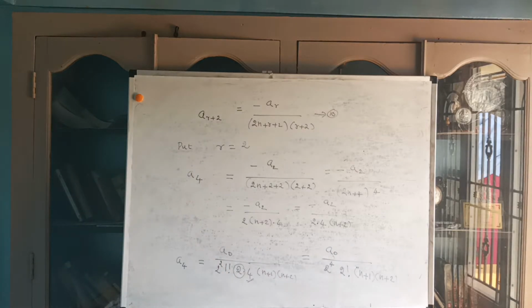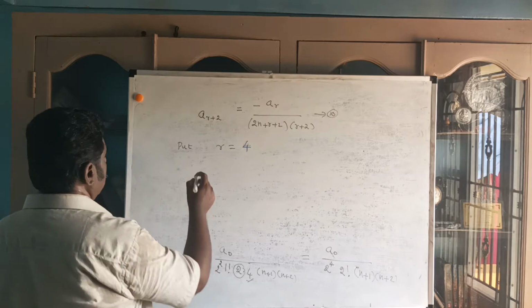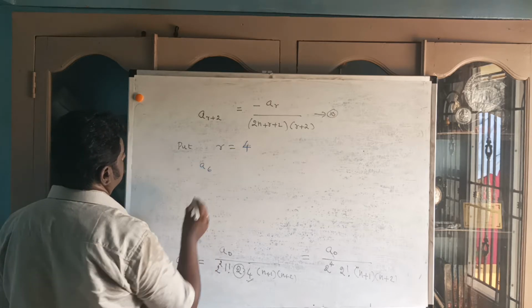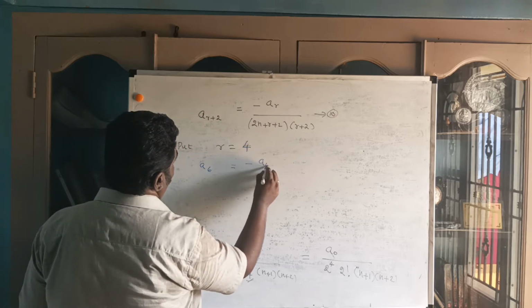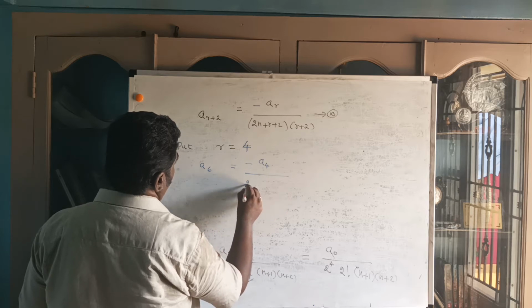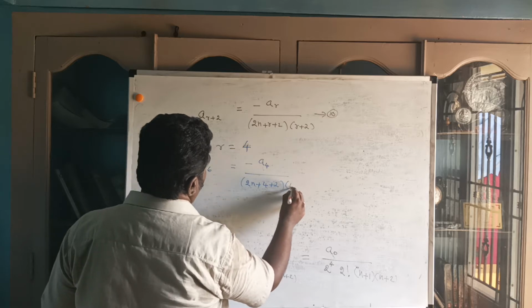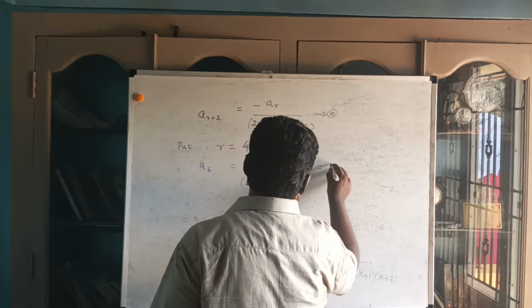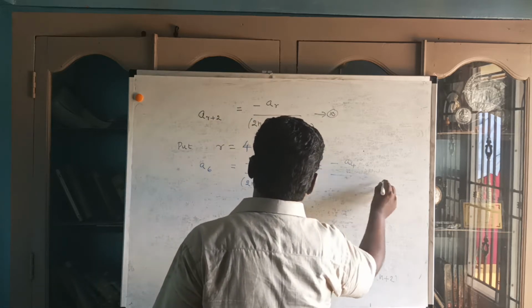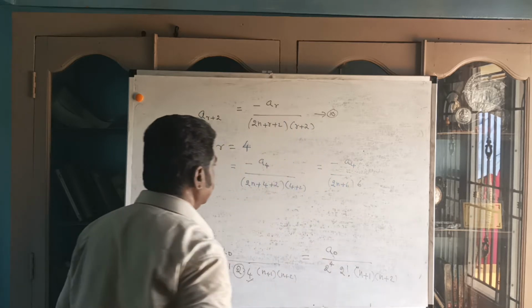Now we have to find the value of A6. If you put R equal to 4, we get A6, 4 + 2 is 6, which is equal to minus A4 divided by (2n + 4 + 2) into (4 + 2). This is equal to minus A4 divided by (2n + 6) into 6.